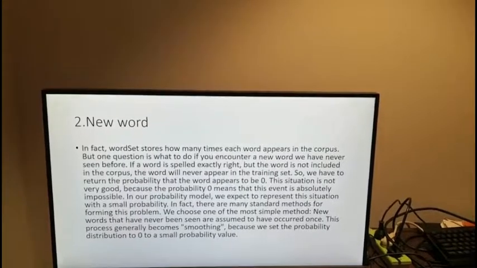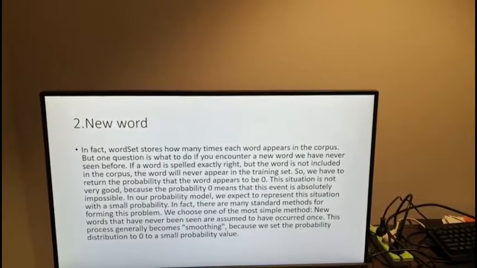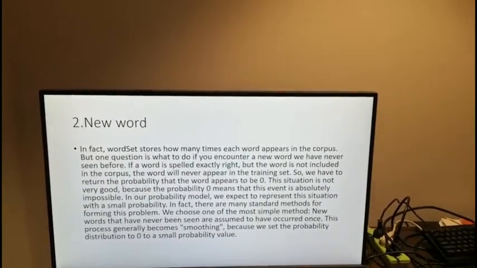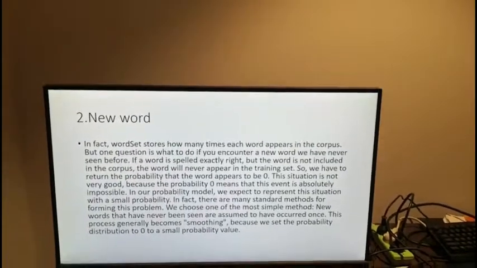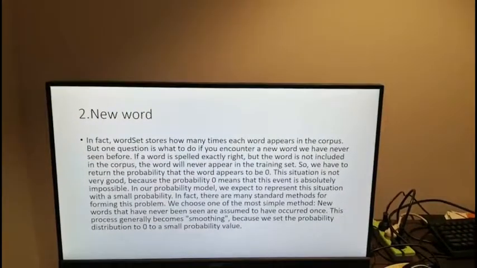In fact, there are many standard ways to solve this problem. We chose one of the easier methods, assuming that a new word has happened once, because we set the probability distribution from 0 to a small probability value.